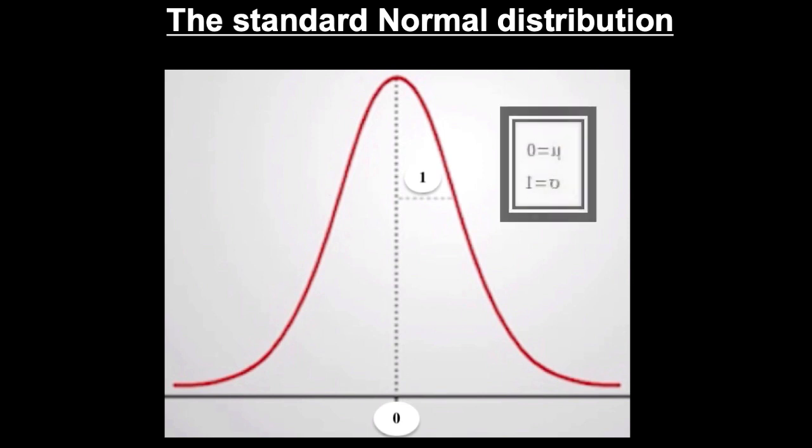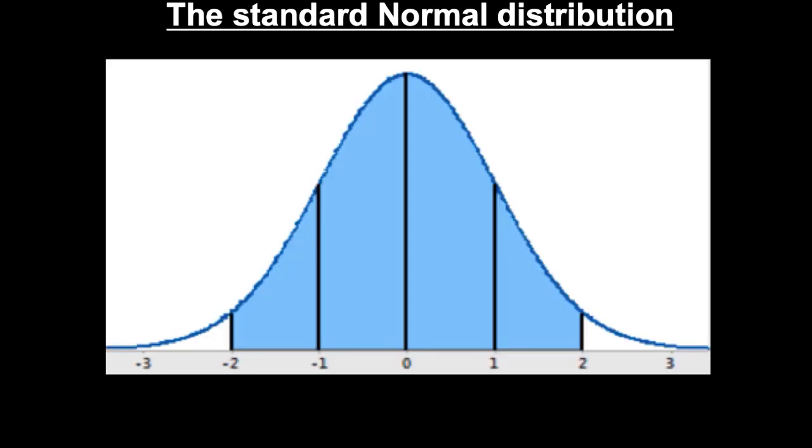This means the mean equals 0 and the standard deviation equals 1. Again, if the standard deviation equals 1 and the mean equals 0, that is the standard normal distribution. Numbers on the horizontal axis should be similar to this.